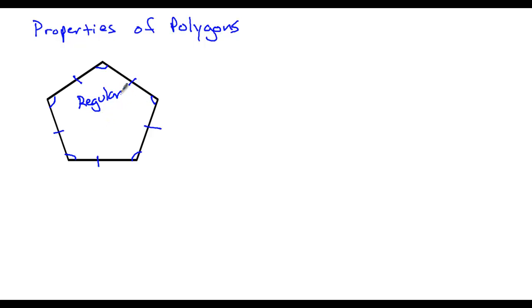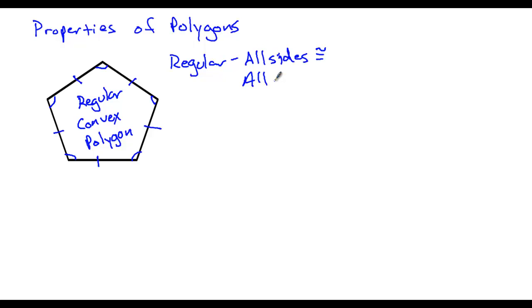Something else we can use to describe this pentagon is, since all of the vertices are pointing out, we can say that this is a regular convex polygon.